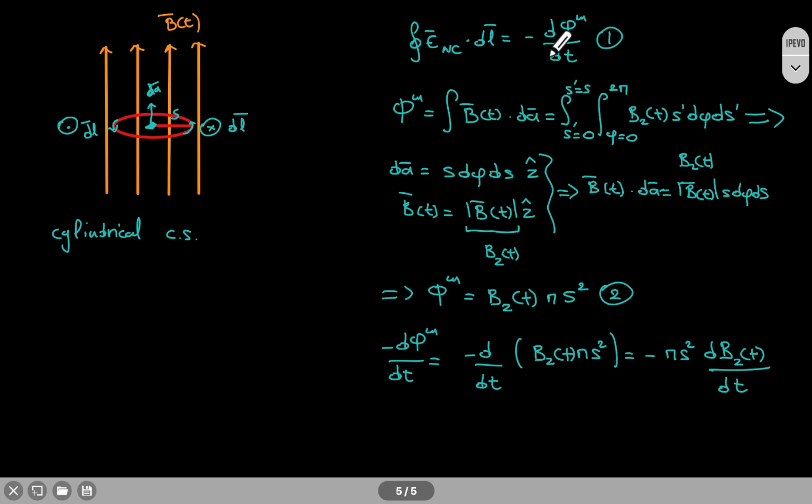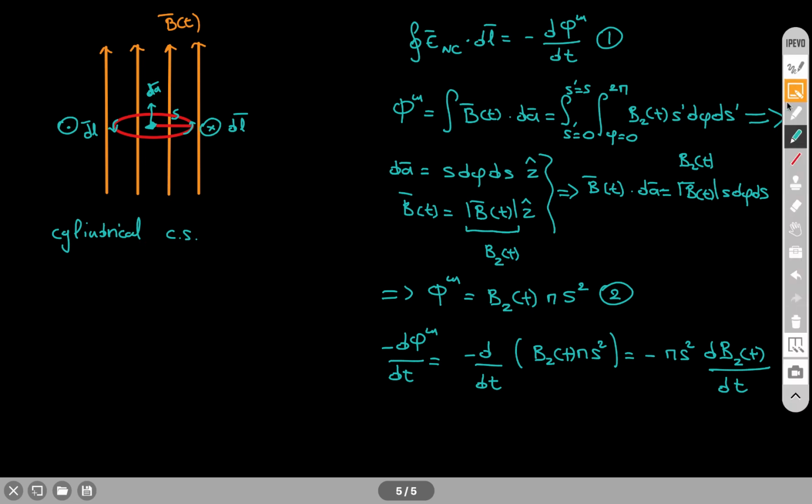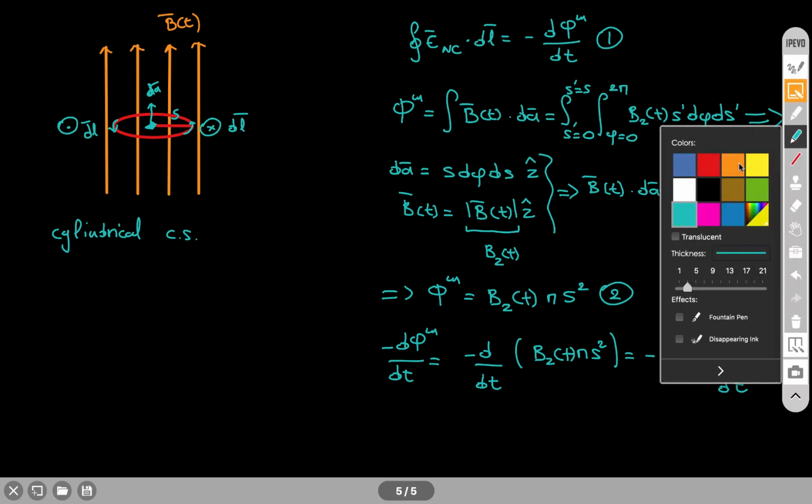Now for the left side of equation 1, I know that the non-Coulomb electric field will point in the phi hat direction.